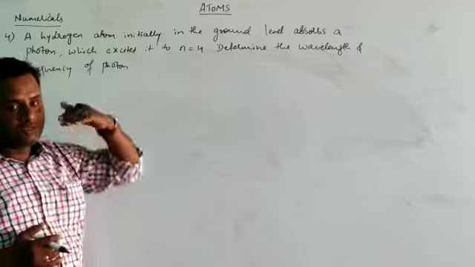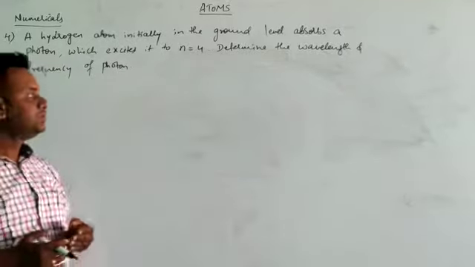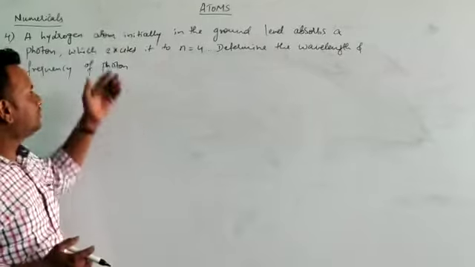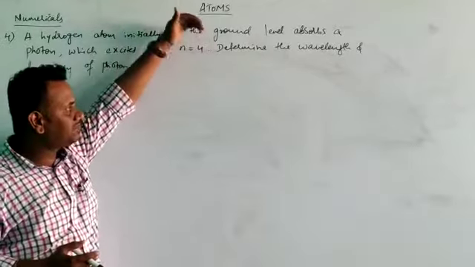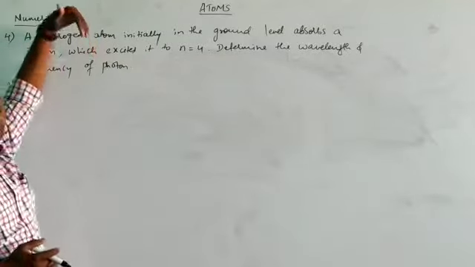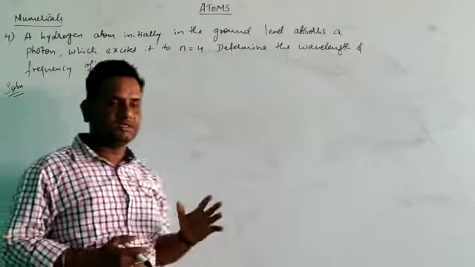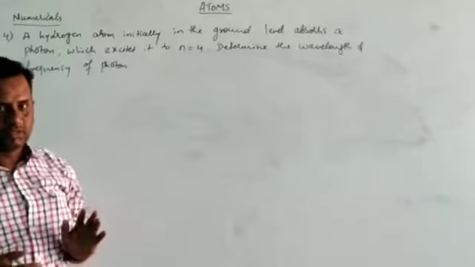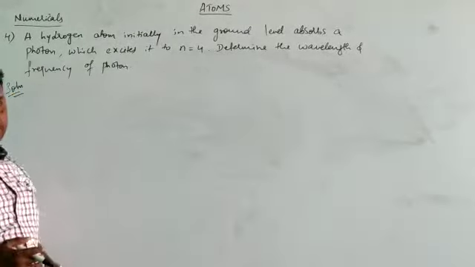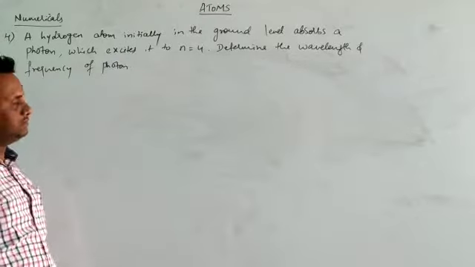So during this transition, whatever the radiation is emitting, that radiation's wavelength and frequency you have to find out. Radiation means it consists of photons. Okay, तो उस फोटोन का हमें वेवलेंथ और फ्रीक्वेंसी कैलकुलेट करना है.